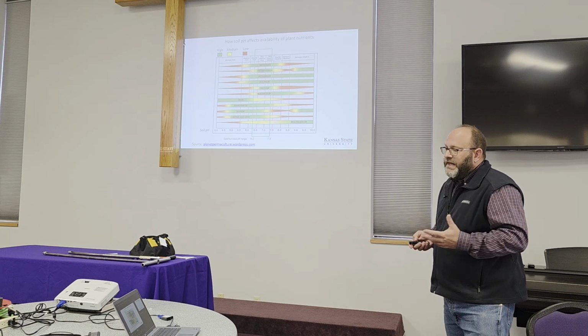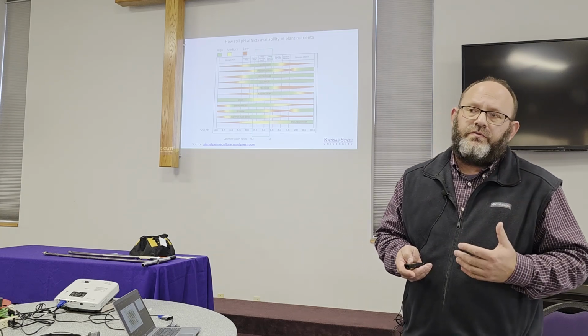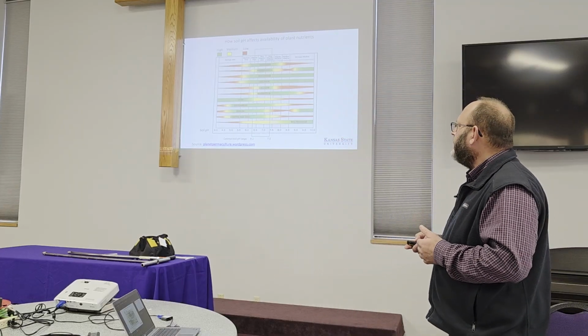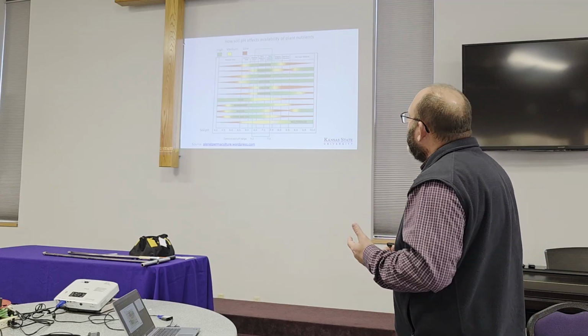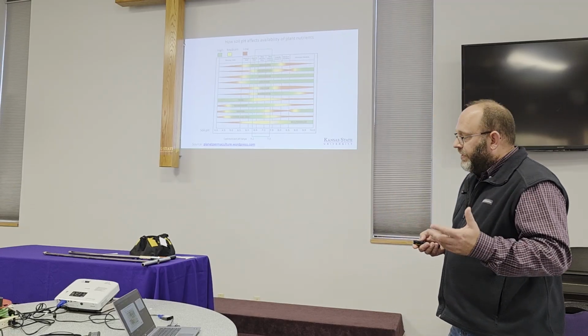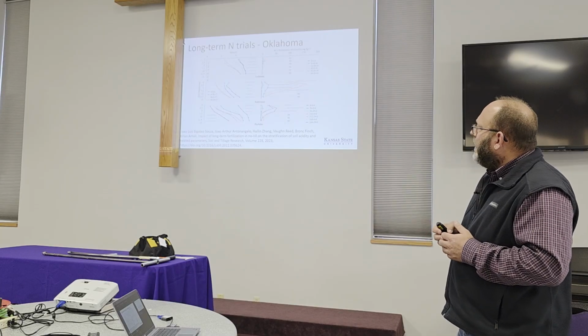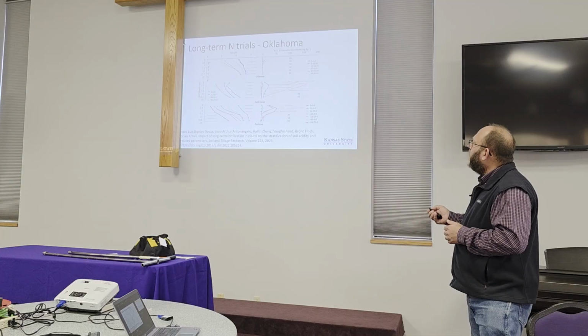But I set this up to highlight one of the things that we're observing, which is that in long-term no-till, we're really seeing some pronounced stratification of soil pH, but other nutrients such as phosphorus as well. And so this is out of long-term nitrogen trials in Oklahoma.